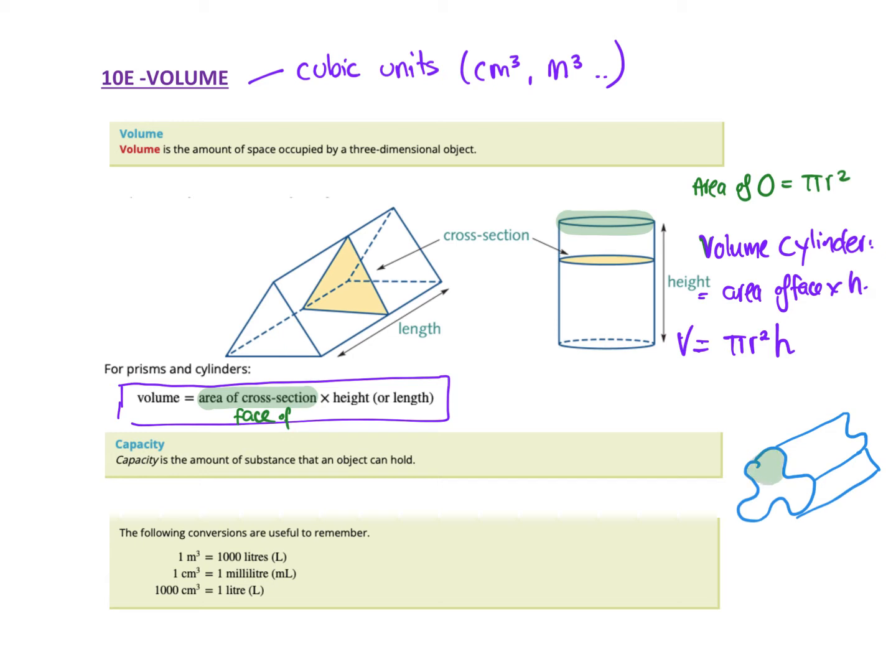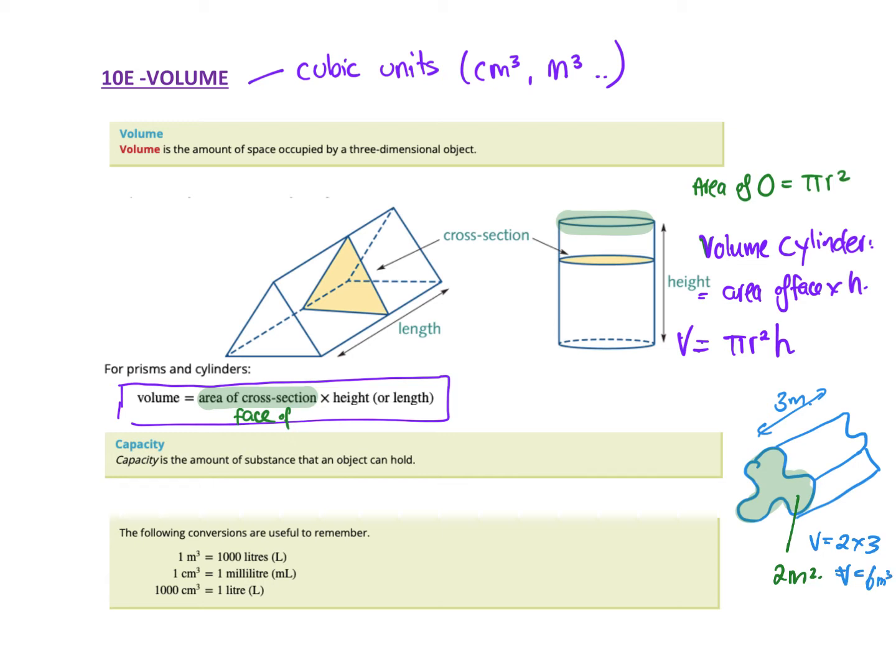They might say that is equal to, I'll just make it up, 2 meters squared. And they would have told you the length of the object, say that's 3 meters. So therefore you can find the volume. You could say volume would be 2 times the 3. So volume is 6 meters cubed. Okay?